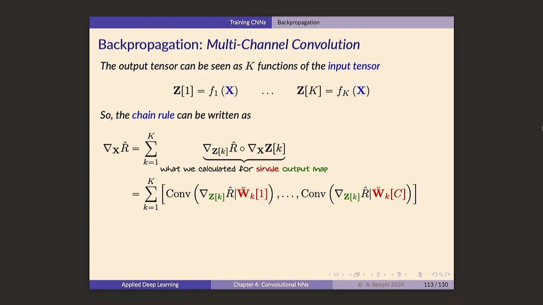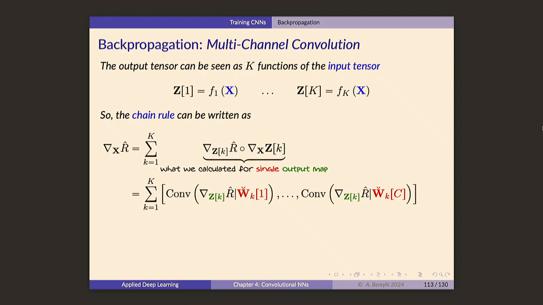Don't get confused, this is simply the extended version I showed you in the other one. Basically, this is the convolution of every output gradient map with every single filter, reversed, and I put them next to each other as different channels. Clear?